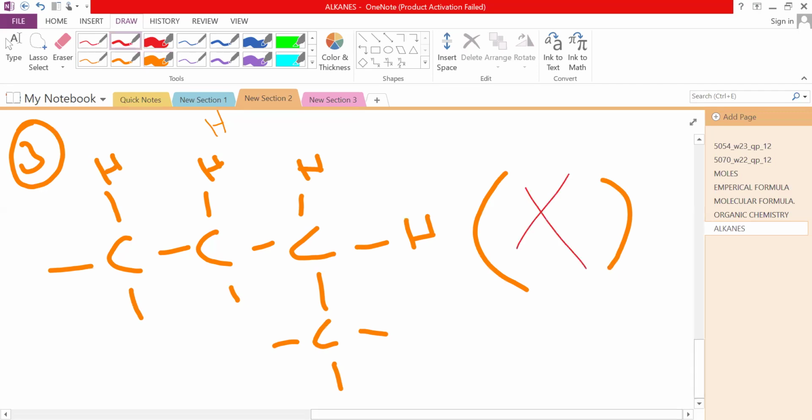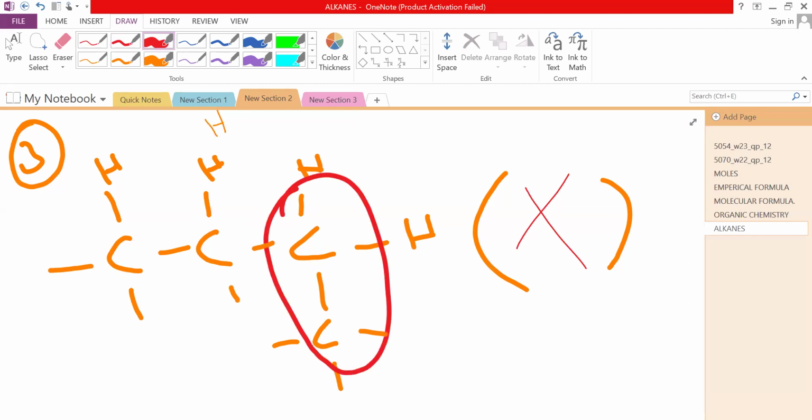It is incorrect because the branch is on the terminal, and I told you that if the branch is on terminal, it isn't counted as a branch structure. So this is only propane, and its formula is C3H8.